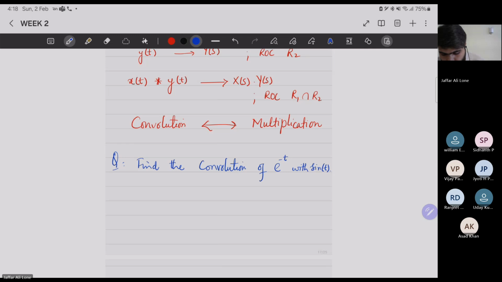There is a way where you can apply the convolution integral and solve it. But if we make use of the Laplace transform, then this will be very easy.